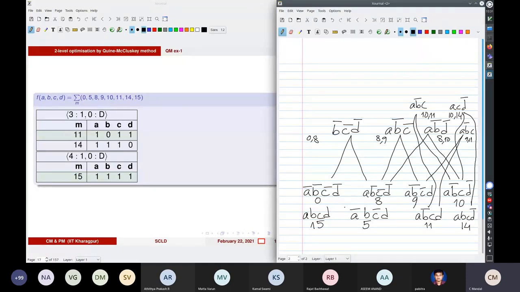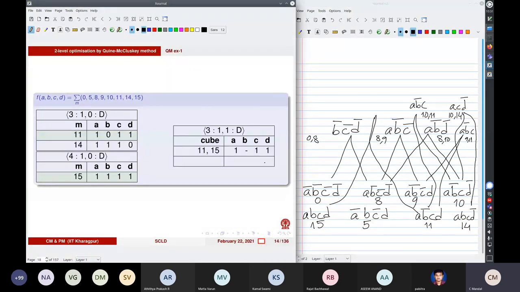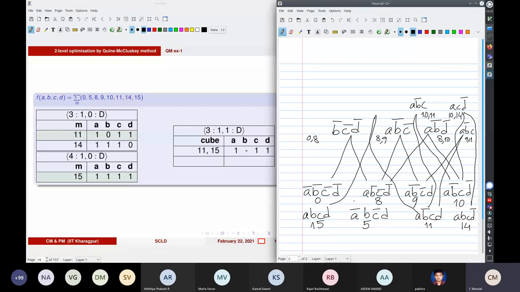So this one is adjacent to 11, as you can see. So we can write that down here. And when you combine these two, these differ in the second position, so that will get dropped.